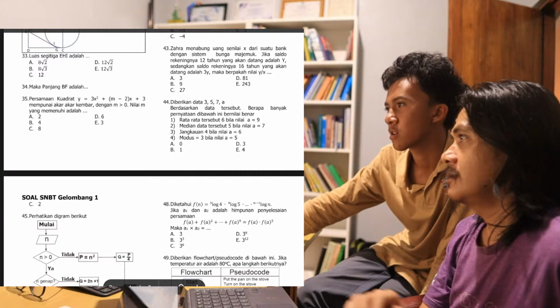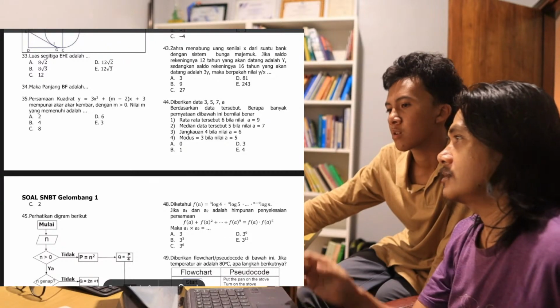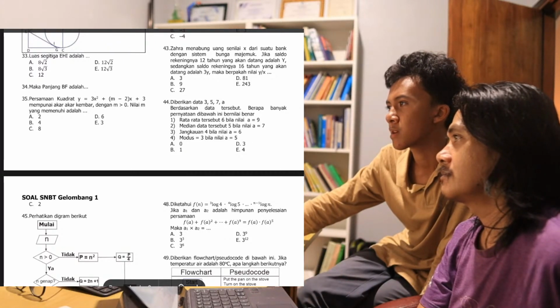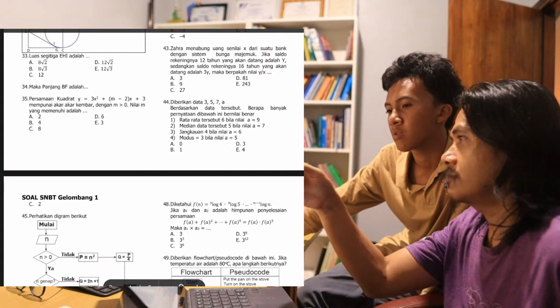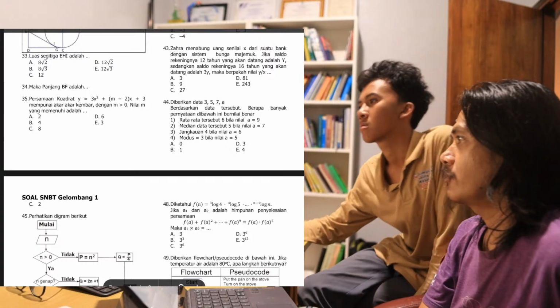So what is the b here? The b here would be -(m minus 2). I'll just write it down: b squared minus 4ac.